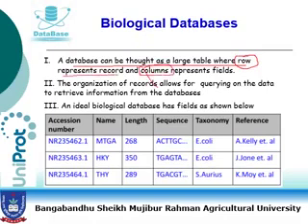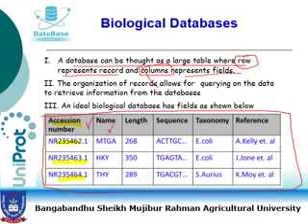If we consider this data table, according to the definition, a row represents a record. Here we have rows 1, 2, 3, 4, so 4 records, and columns represent fields. Here we have columns 1, 2, 3, 4, 5, 6, so 6 fields.